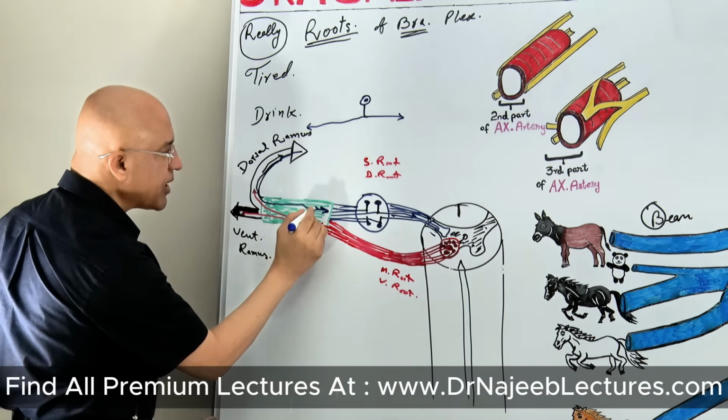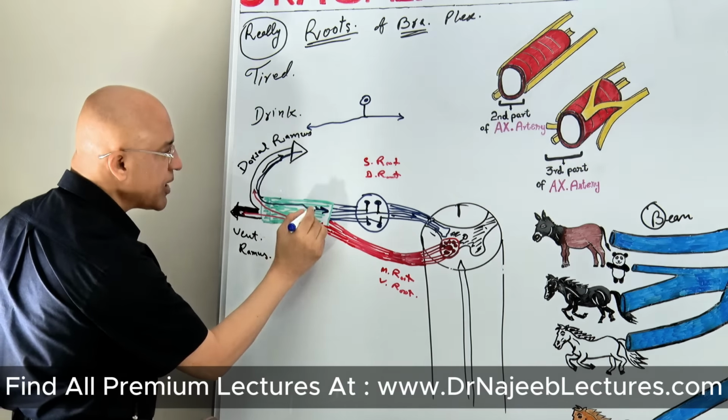Now, this diagram is more beautifully made here, right? For example, here it is shown as segment number C5 or 6. In this segment C5, the spinal cord is there. We say there is an anterior gray horn. From there, what is this coming?